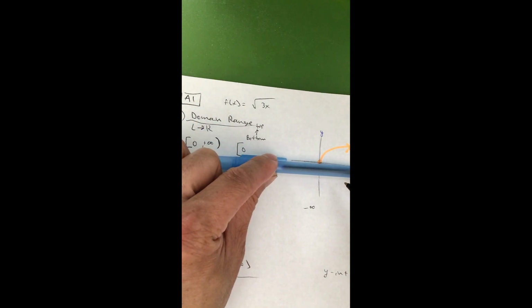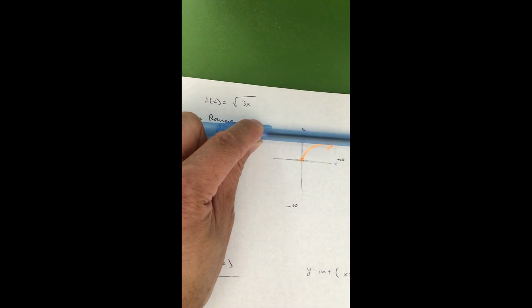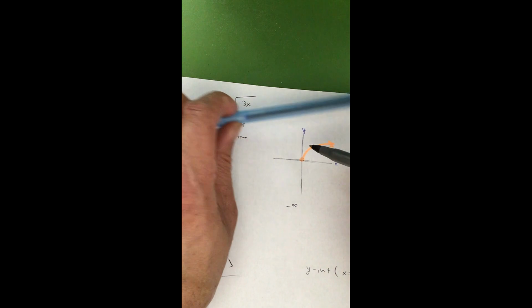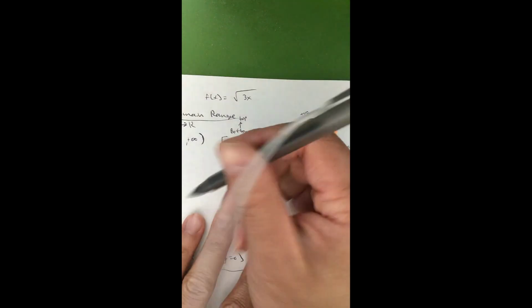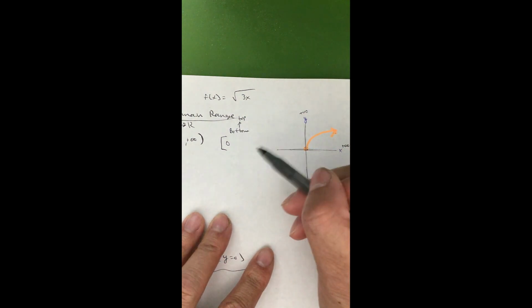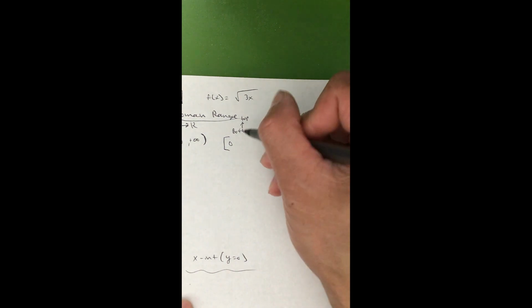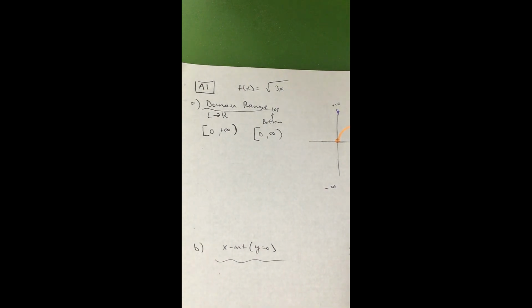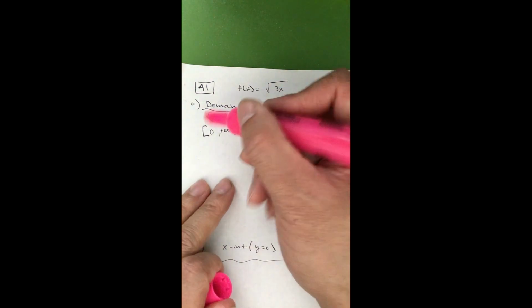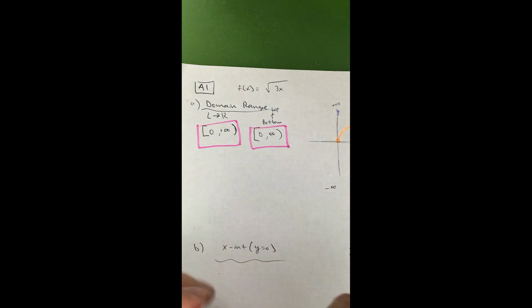And then again, as I go from bottom to top, the last thing I'm going to touch is actually an arrow. The arrow is indicating that you'll keep going towards positive infinity over here. Now with infinity, you normally don't write the plus sign, but I did on the previous example. So here's my answer for domain, and here's the answer for range.